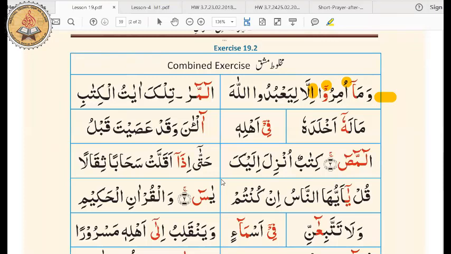Next student is N1258. Assalamu alaikum, N1258. Walaikum assalam. How are you? Good. Alhamdulillah. Do you understand which thing we are practicing today? Yes. Okay. Can you start reading from here, please?